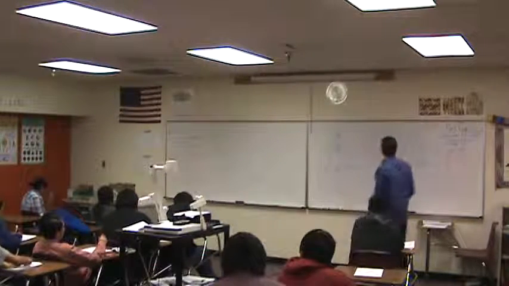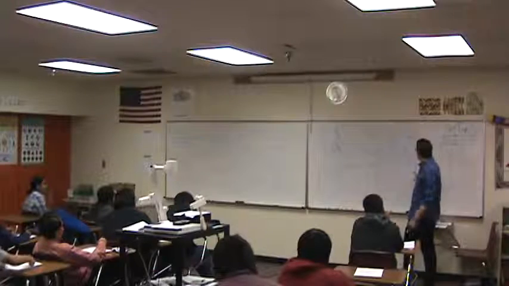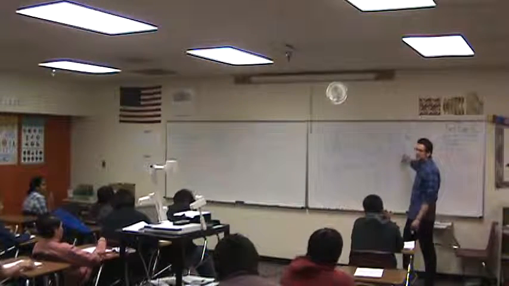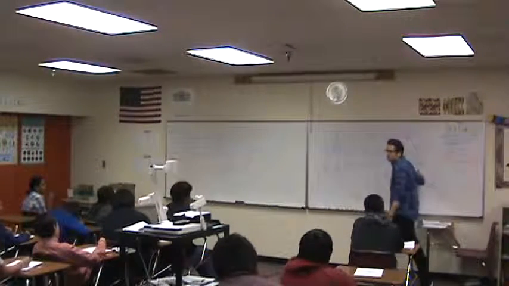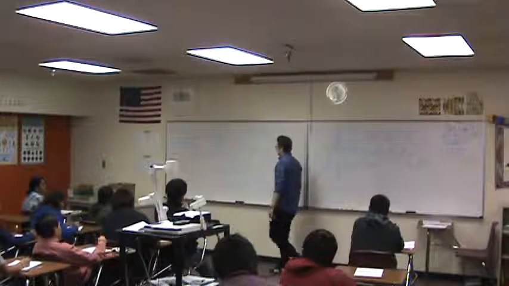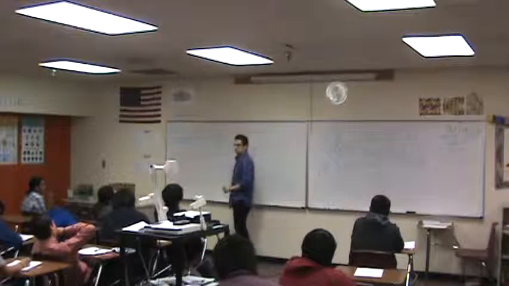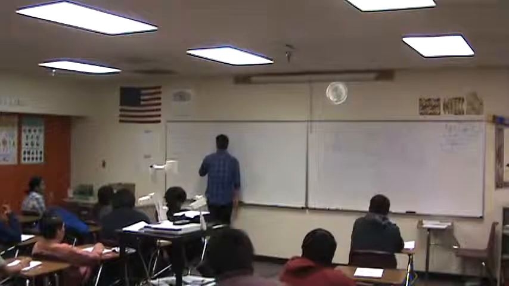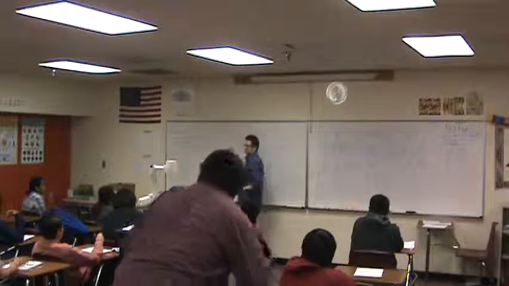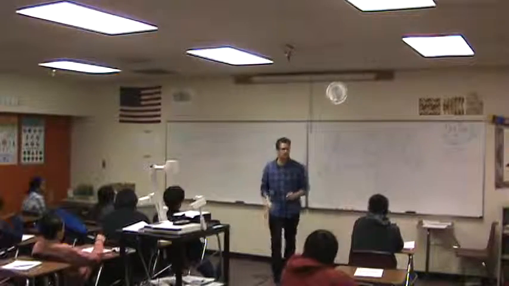Because for every single 30, 60, 90 triangle, the ratio is 1, 2, square root of 3. So if the smaller side is 4, this is basically 2 times 4, and this side would be 4 square root of 3. That is important information.